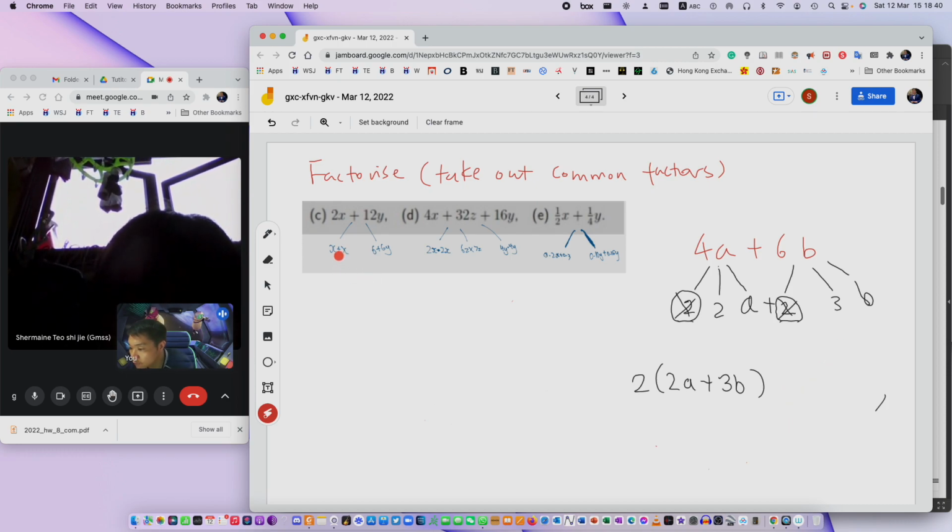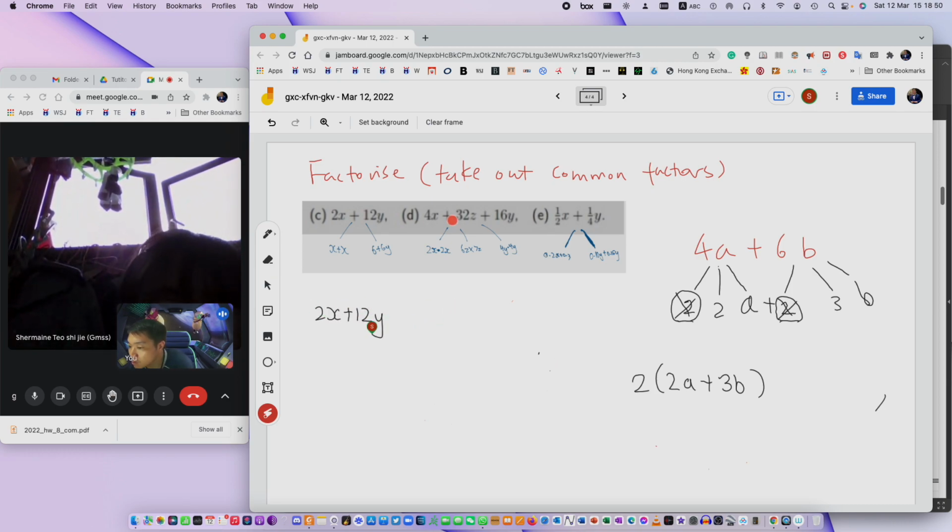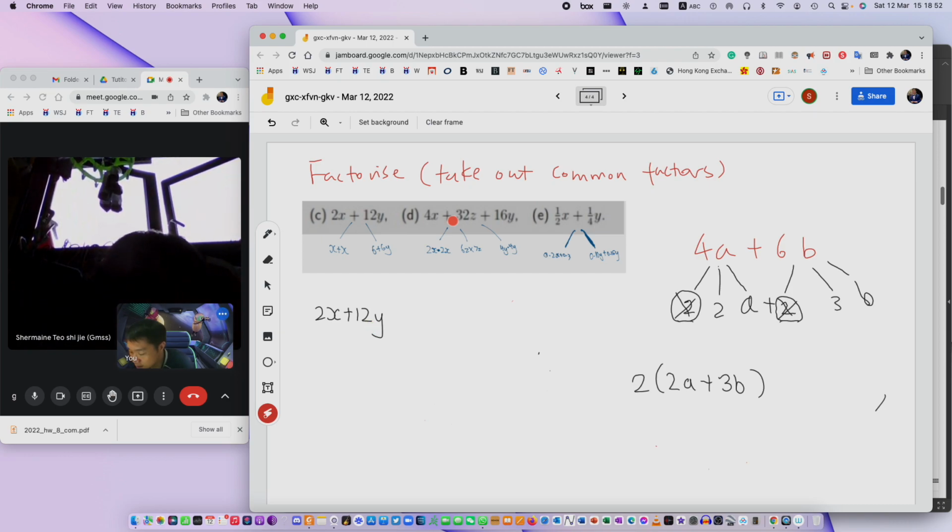So for the 2x plus 12y, can you write down 2x plus 12y here? When you factorize, listen, you don't use plus. When you factorize, you use times.